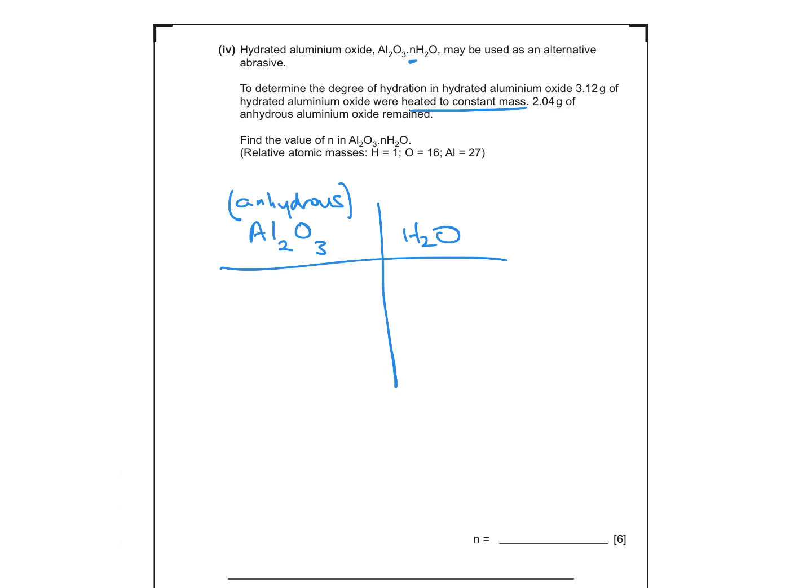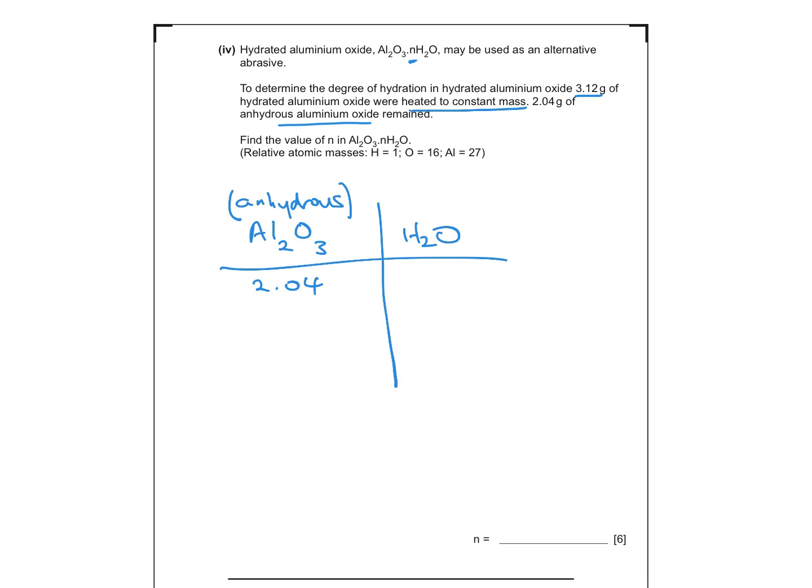So we start off with hydrated aluminium oxide, which is 3.12. And when it's heated to constant mass, 2.04 grams of the anhydrous aluminium oxide remained. So the question is telling us that we've got 2.04 grams of the anhydrous aluminium oxide.